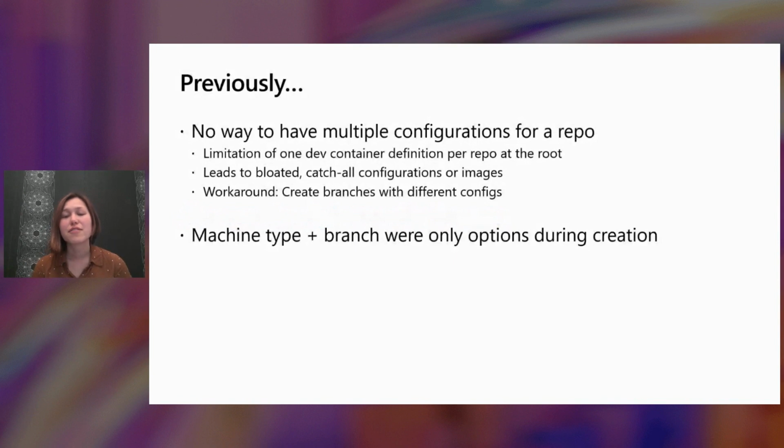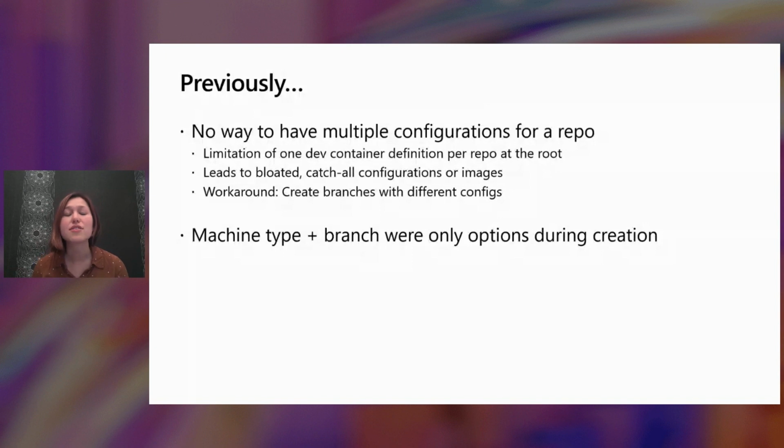Additionally, if you had a list of extensions in there, you might have a really large set that really doesn't apply to every single team. If you worked on the front end, you're getting extensions and dependencies that maybe you don't even really need for your day-to-day work. So it added a lot of clutter and overhead if you worked within a monorepo.